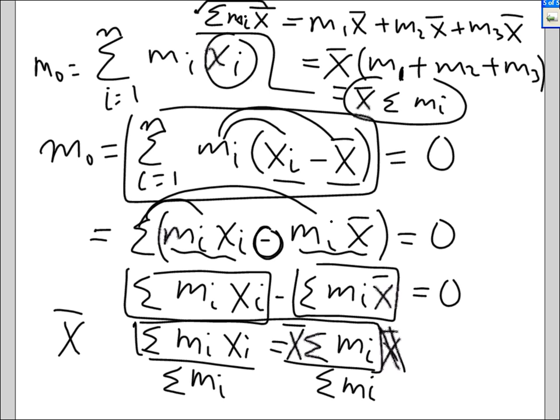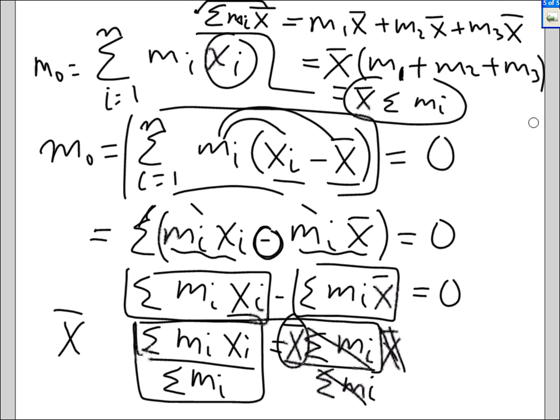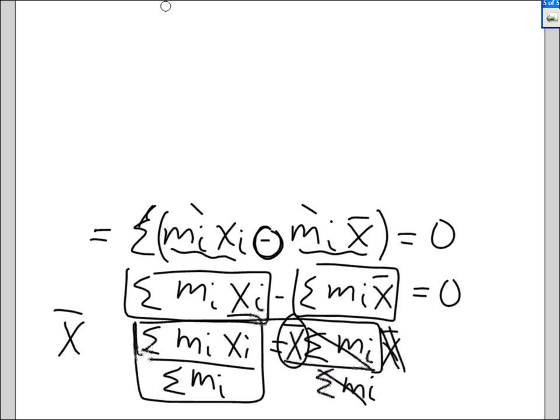And what you get is this. Now this cancels. This is x bar. That is, x bar is nothing more than the summation of mi xi, all divided by the sum of the masses, the sum of mi. So that is where you should put, that's the center. That's where you should put the fulcrum. Let me be more clear.